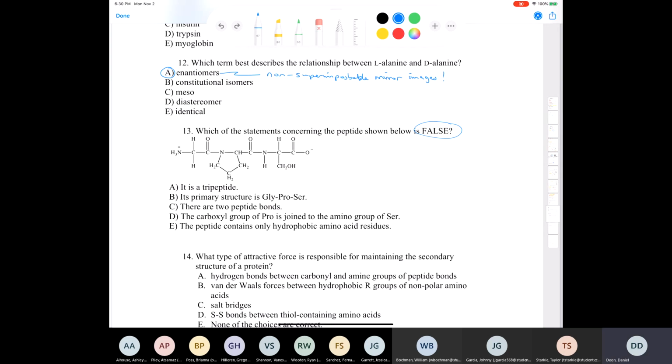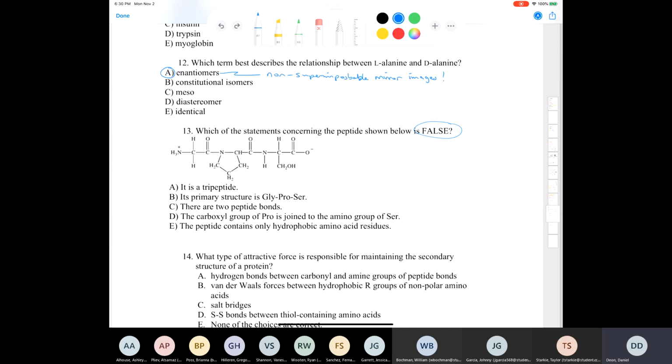Which one is false? Okay, let's take a look.